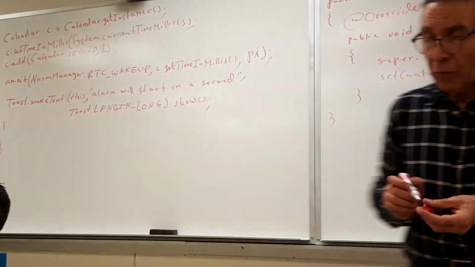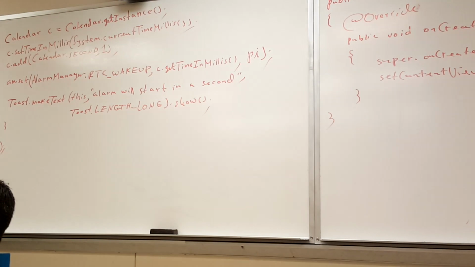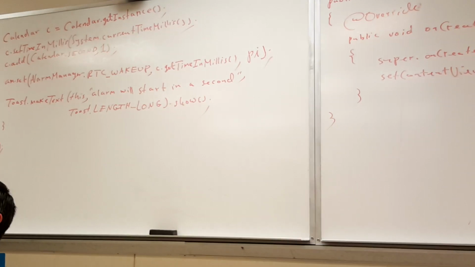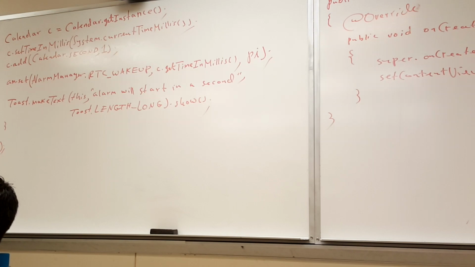Okay. So, as you see, it's pretty simple, right? When you run this activity, this is the first activity you run, right? When you run it, you see there is a button over there. You click on the button, and the system is going to create an alarm for you, and set up a timing for you, and after this call, it's going to call this for you.